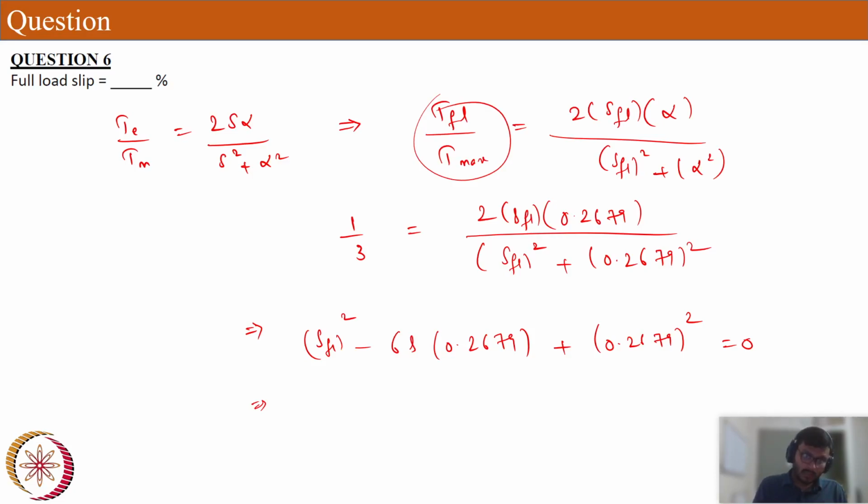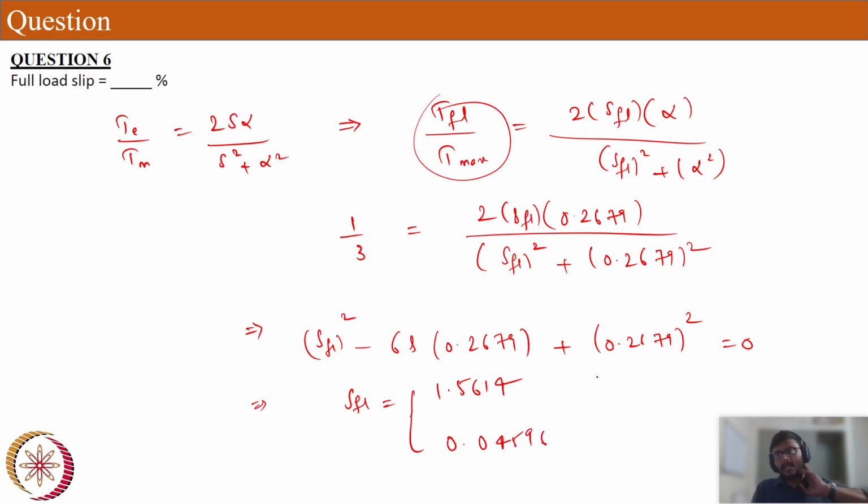Here a is 1, b is minus 6 into 0.2679, c is 0.2679 square. So for S_FL I have got two values: 1.5614 and the other value is 0.04596.